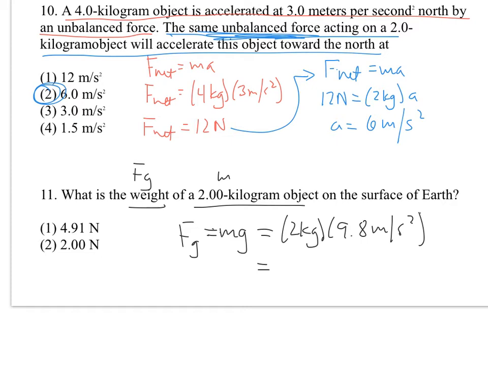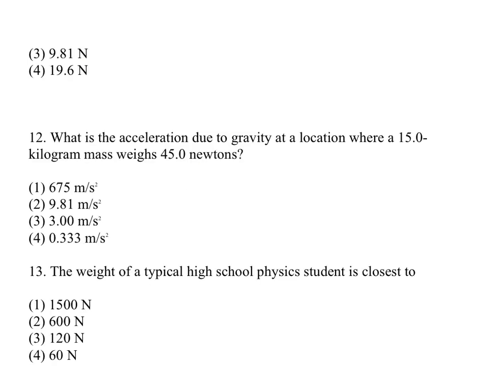Let me double check. No, it's 19.6. My bad. 19.6 newtons. And it's not either of these choices, so it's got to be choice 3 or 4 on the next page. And then what do you know? It's choice 4. 19.6. Okay.